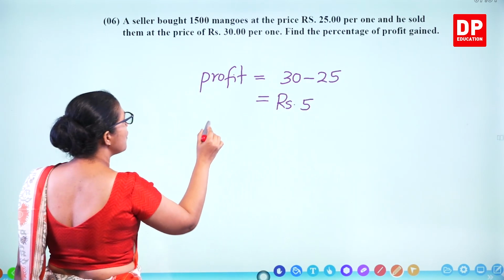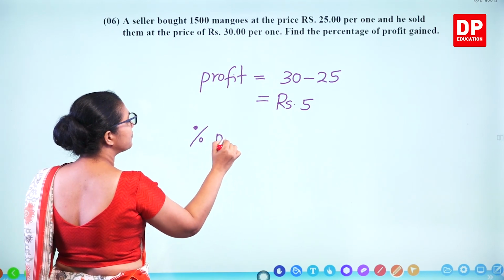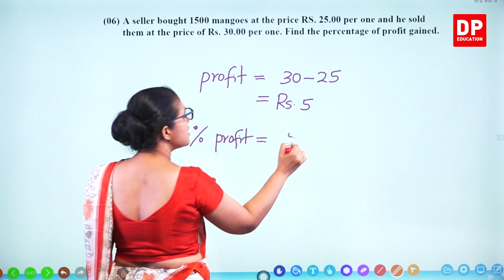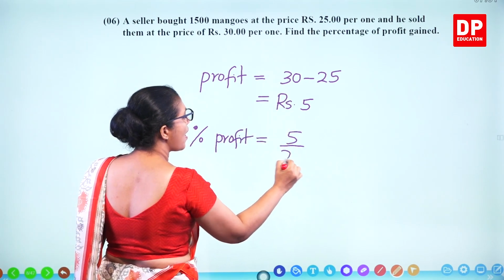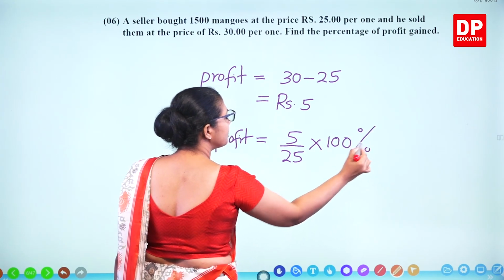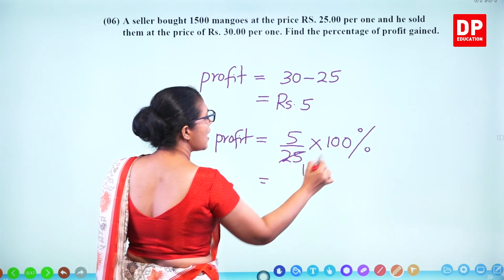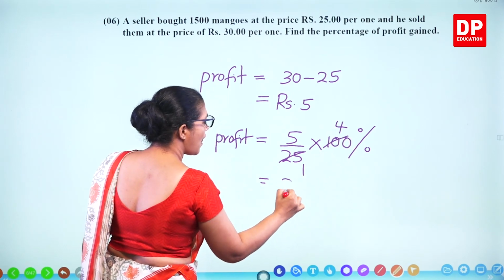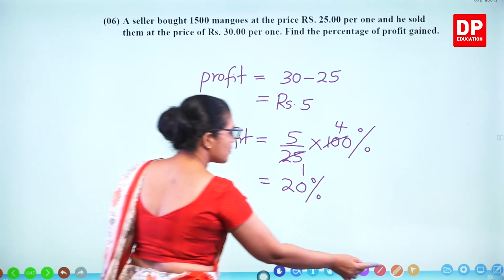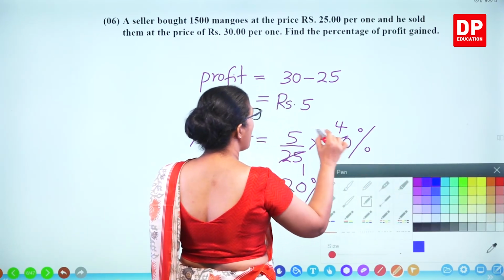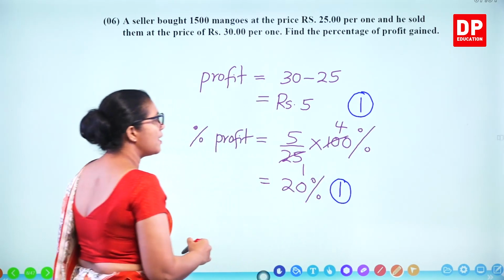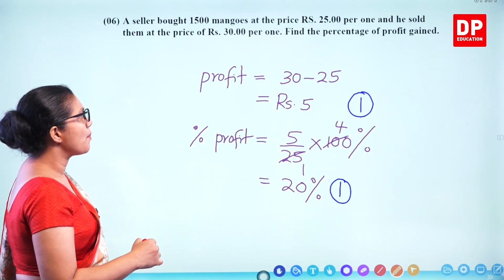So how do you find out the percentage profit? Percentage profit is profit divided by the buying price into 100. 25 times 4, 4 times 5, 20%. So you get 1 mark for finding profit and 1 mark for the profit percentage.